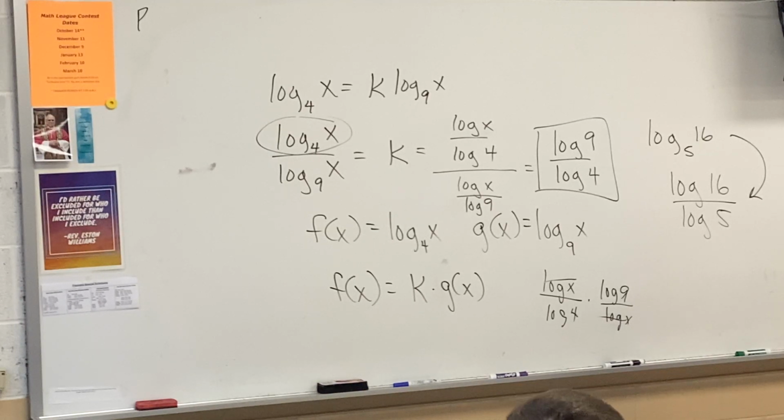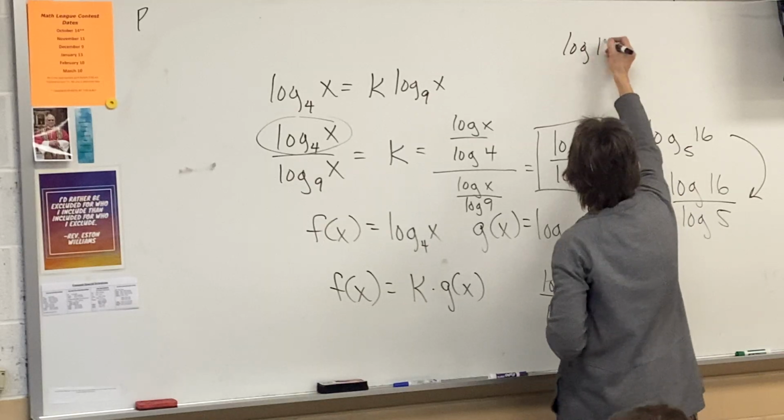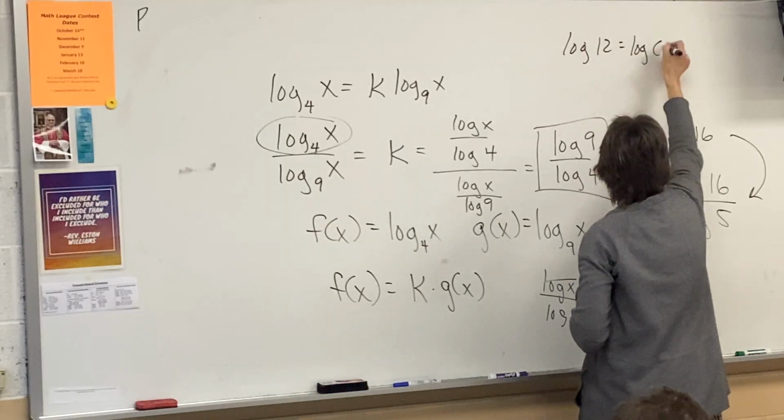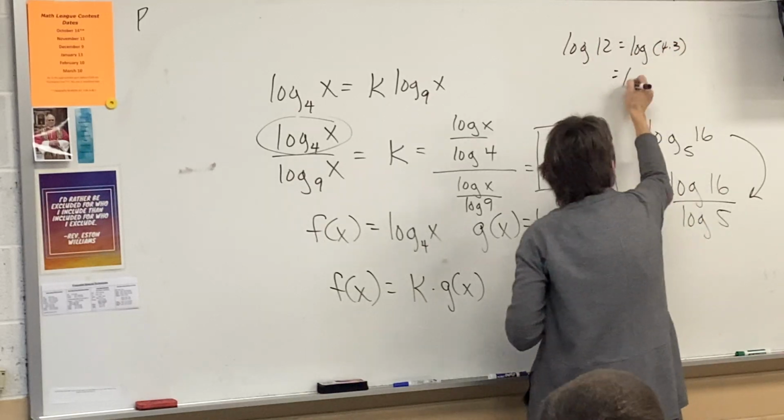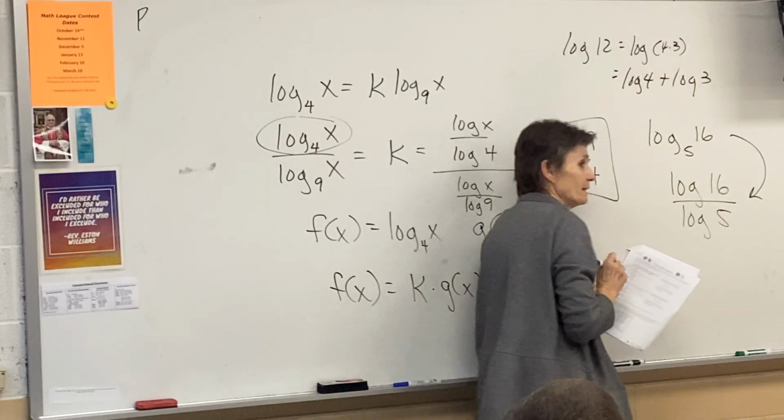So type log 12, get an answer, then type log 3 plus log 4, and you should get the same answer. Right? Because 12 is 4 times 3, and that means log 4 plus log 3 when we split it up.